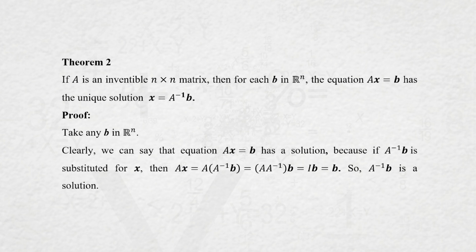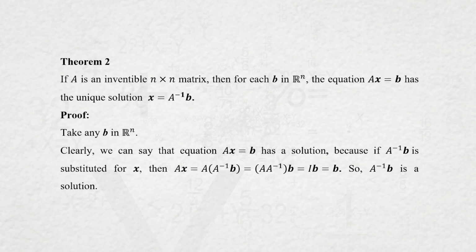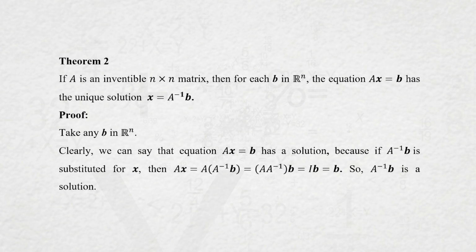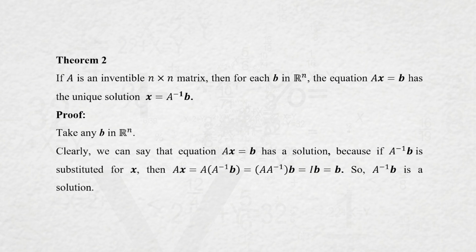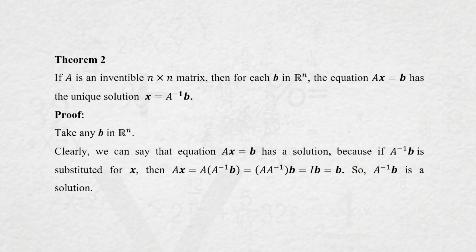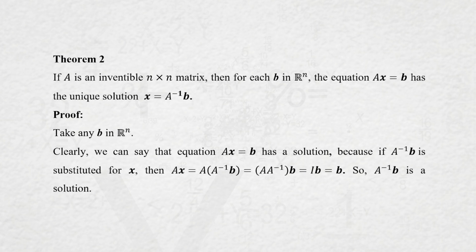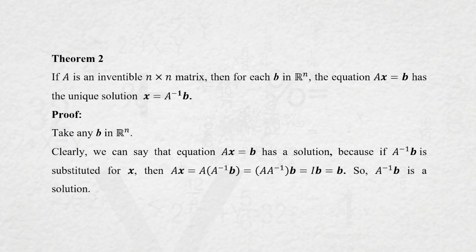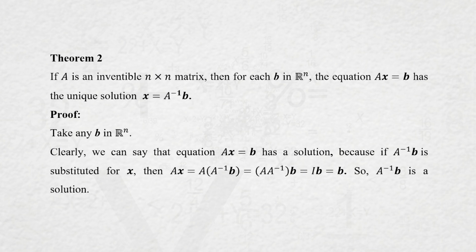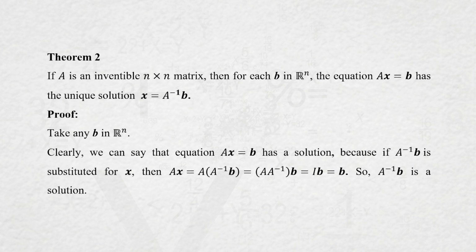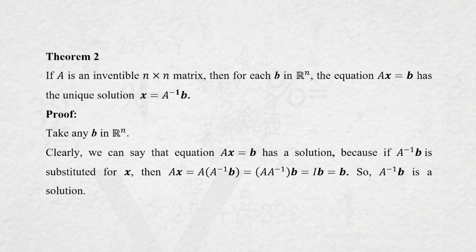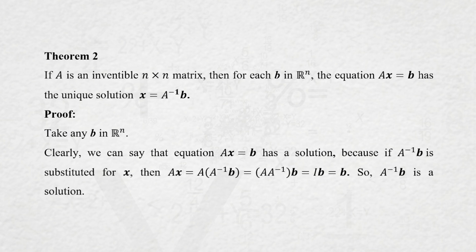Clearly, the equation Ax is equal to B has a solution, because if A inverse B is substituted for x, then Ax is equal to A times A inverse B, which is equal to A A inverse times B, which is equal to I times B, which is equal to B. So, A inverse B is a solution.